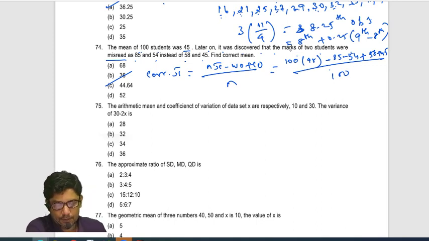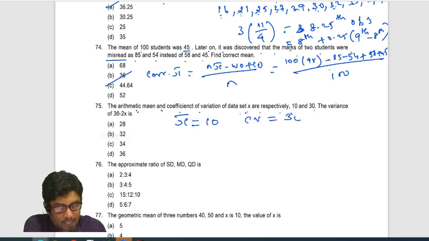The arithmetic mean and coefficient of variation of a data set x are respectively 10 and 30. So arithmetic mean is 10. Coefficient of variation is 30. Now the variance of 30 minus 2x. See, that means simply what you'll write? 4 times variance of x.